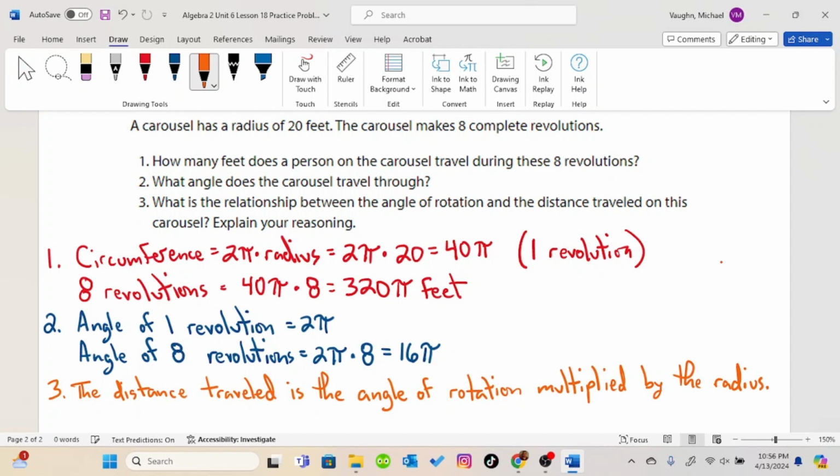In this case, we say that the angle of rotation is 16 pi. We say the radius is 20 feet. Therefore, 16 pi times 20 feet would give us the 320 times pi feet distance that we found in number 1.